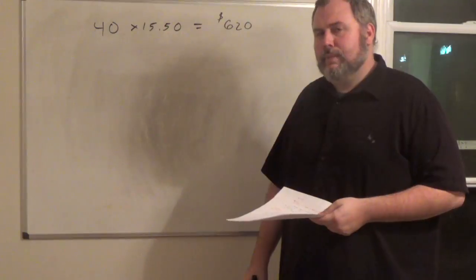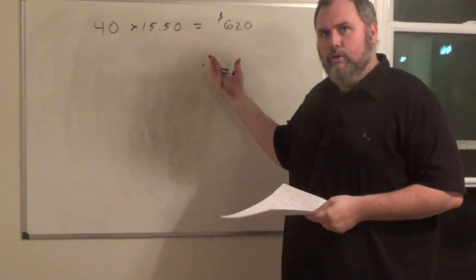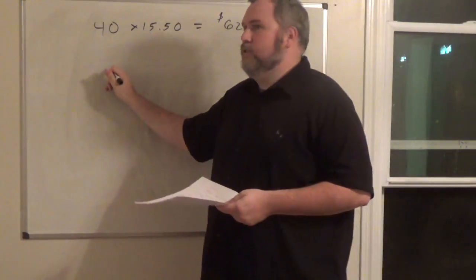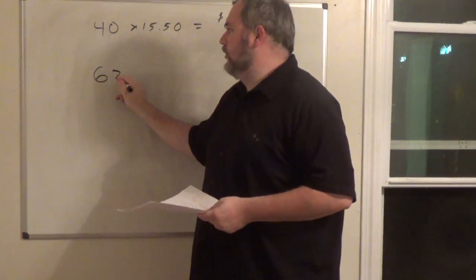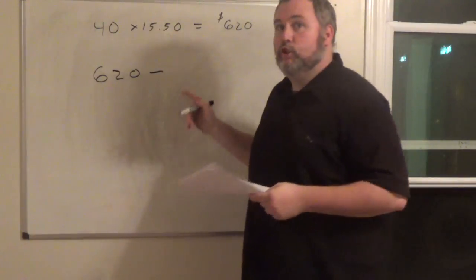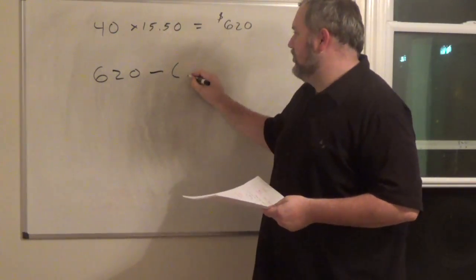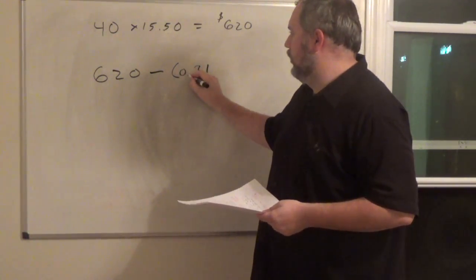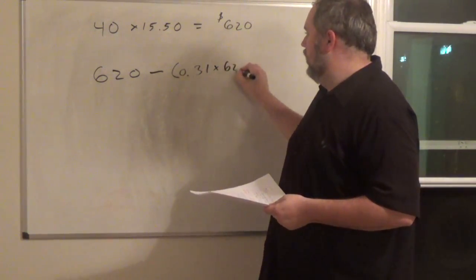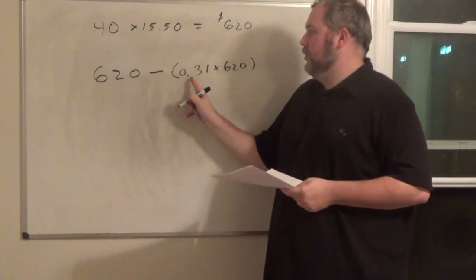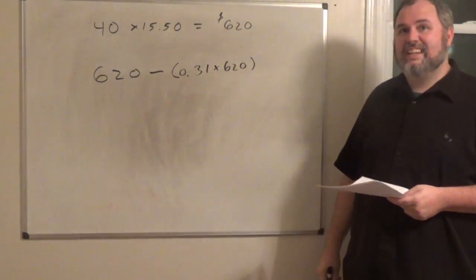All right, now, because the government thinks this is gross for you to have money, I am going to have to take 31% out. So I'm going to start with 620, but I'm going to subtract 31%, so that's 0.31 of my gross income. So 0.31 times 620.